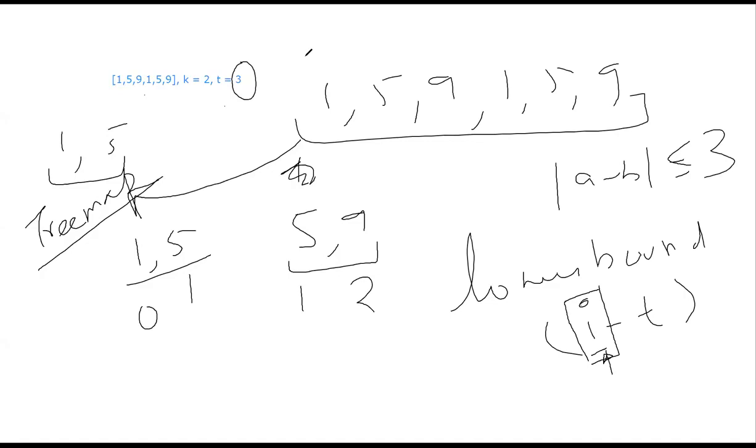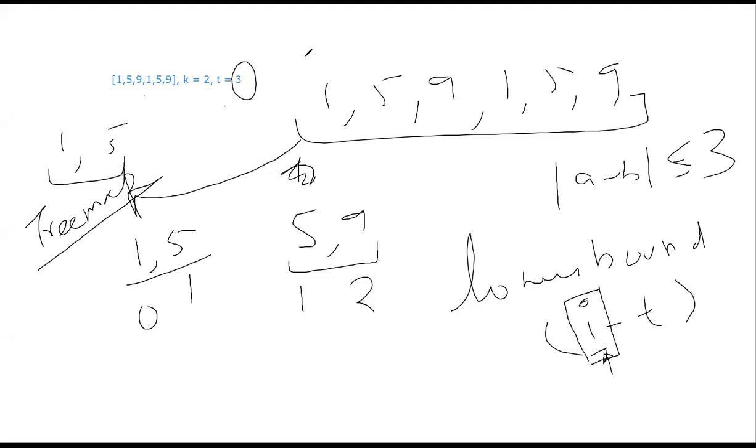If the lower bound is found, let a equal the map's lower bound of nums[i] minus t, and if the iterator is found and the absolute difference between the key of the iterator and nums[i] is less than or equal to t, then we return true.